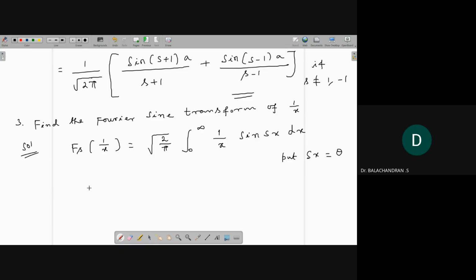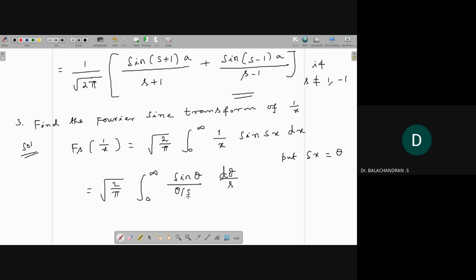So now this integral reduces to root 2 by pi integral 0 to infinity. So the numerator is what? Sine theta. 1 by x is what? Theta by s, into dx is what? Dx is d theta by s.